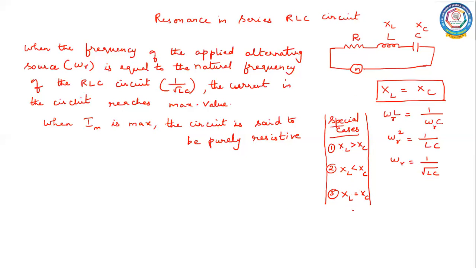So in this condition, the current in the circuit will be maximum, the circuit is said to be purely resistive, and the circuit is in resonance, or electrical resonance. Now let us define what is resonant frequency.